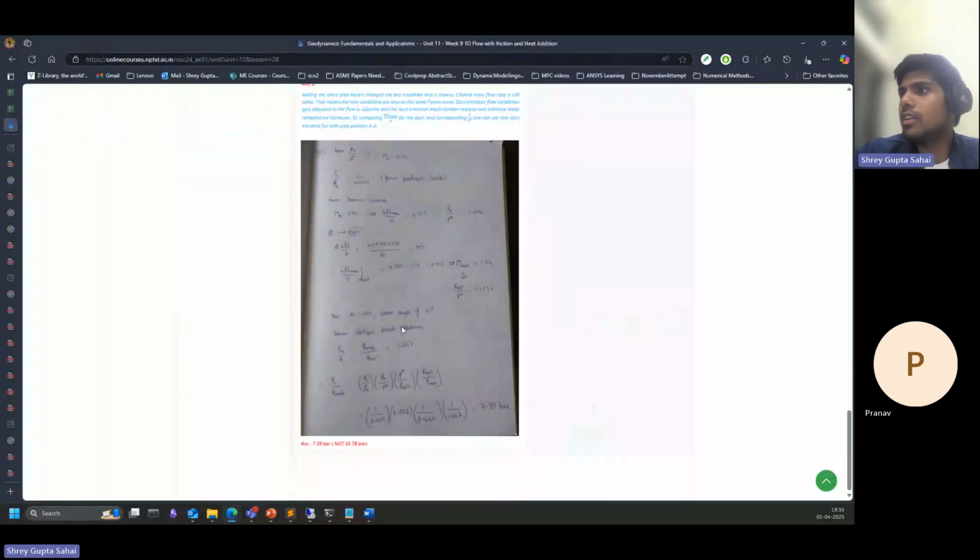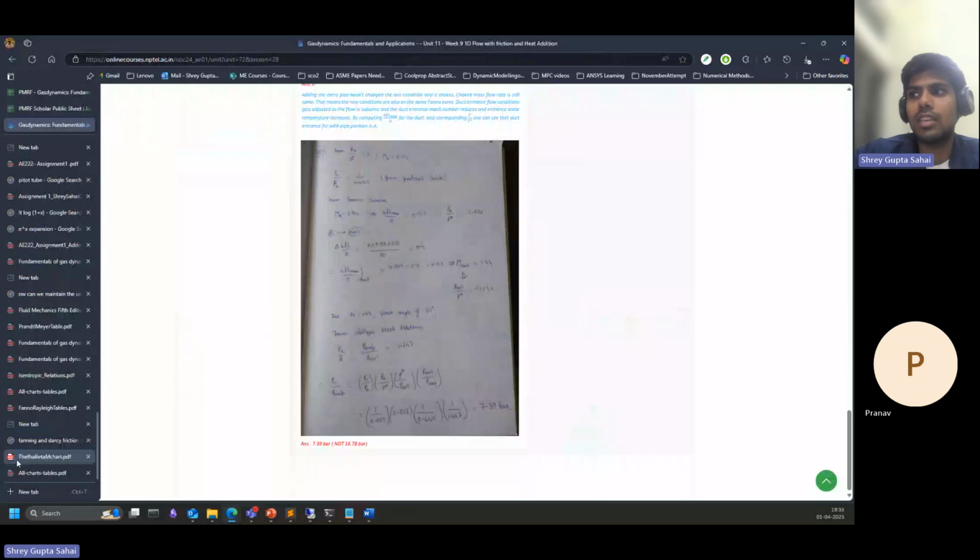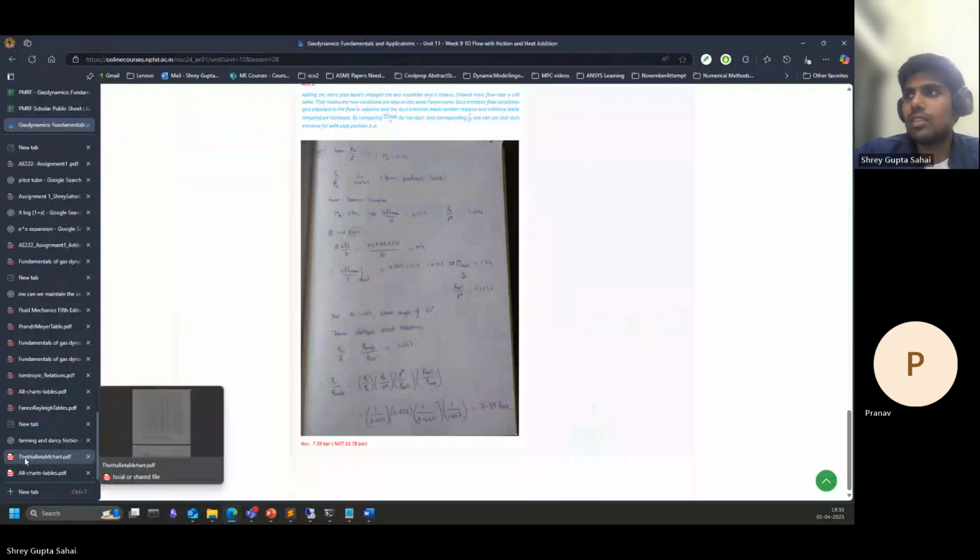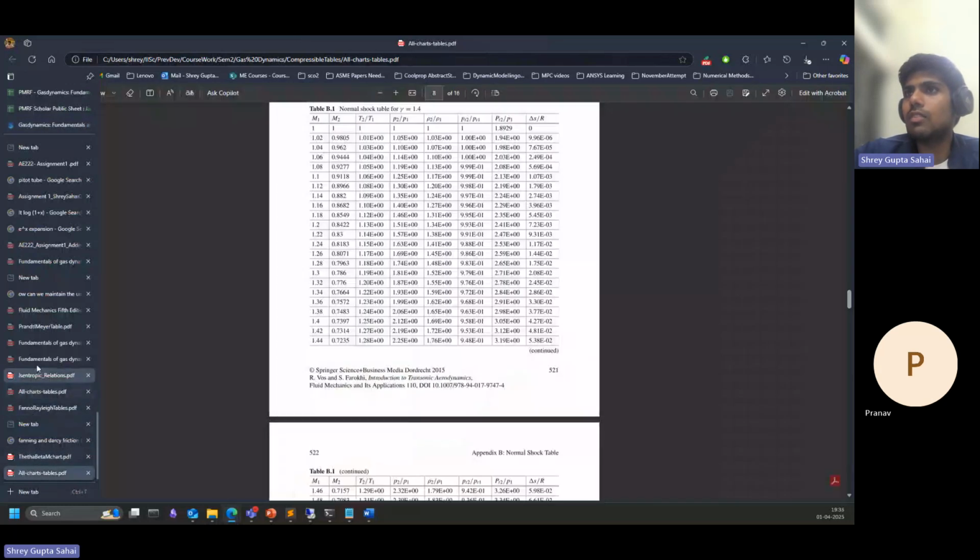This question is a little weird because the solution is also not fine. Options are 11, 13. Answer is 7. You have to solve this one properly.